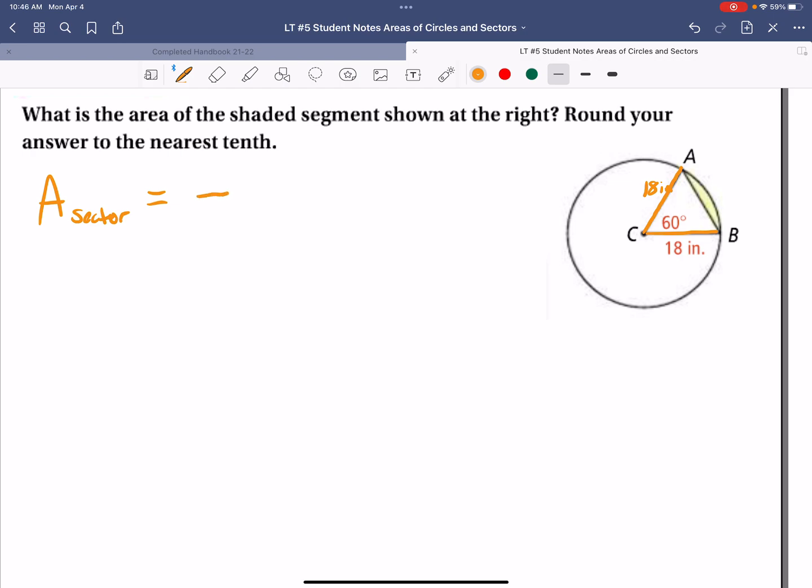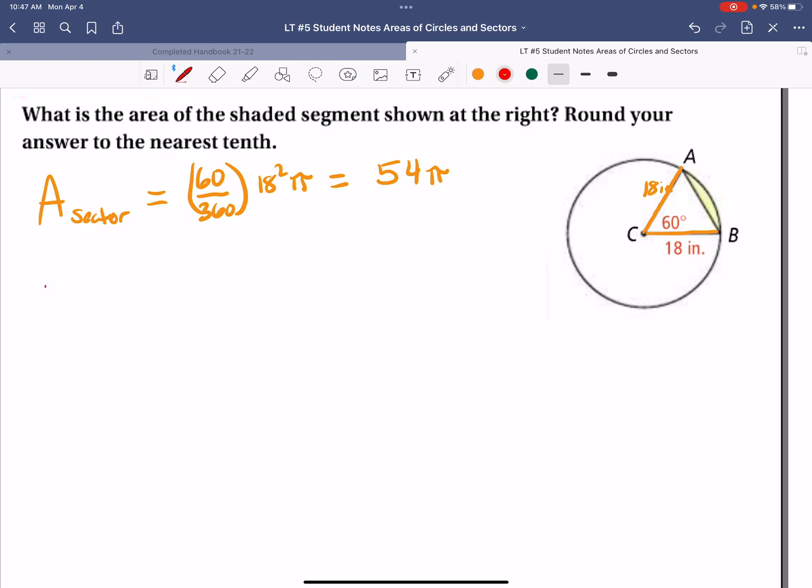The fraction being the central angle out of 360 times pi r squared. Now, if I type that in, the 18 squared times 60 over 360, I get 54 pi. It becomes 1/6 times 324, which is 54.